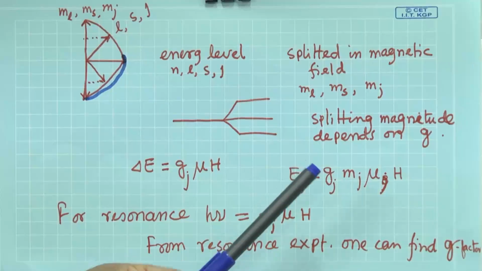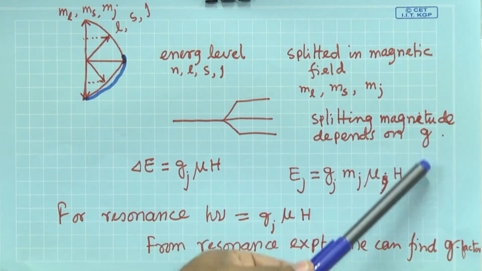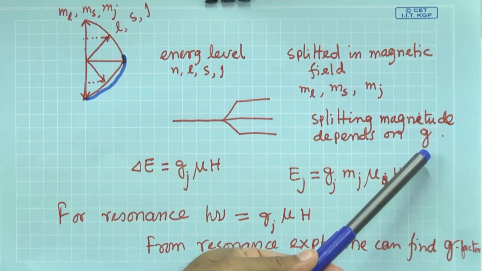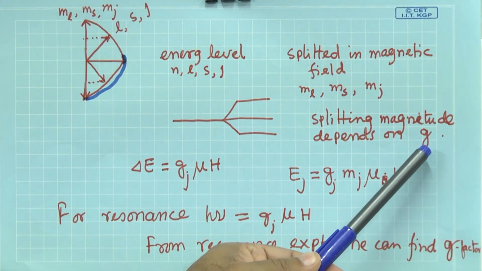If j is 1, mj will be plus 1, 0, minus 1. Okay. So, it will be split into 3 energy levels. So, here you can see the splitting magnitude will depend on G.